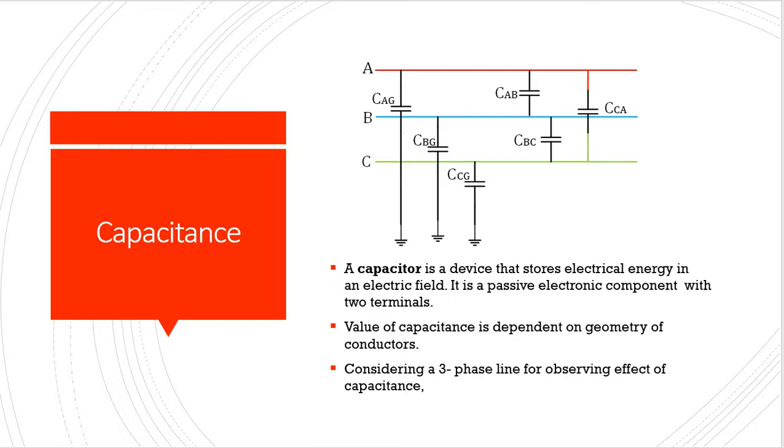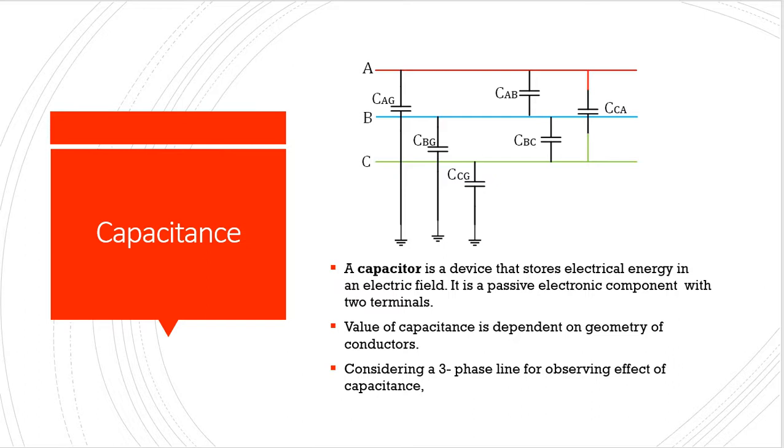A capacitor is a device that stores the electric energy in an electric field, right? This is basically a passive electronic component having two terminals. Basically, the value of capacitance depends on the geometry of the conductors, right?